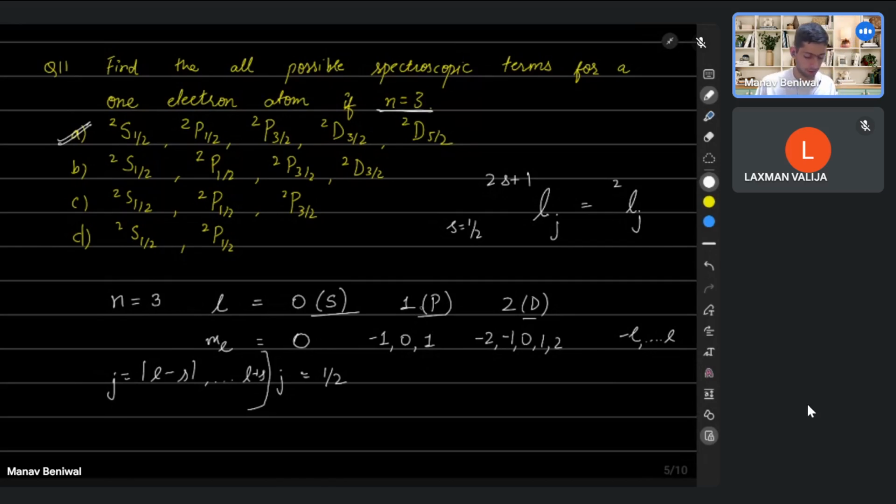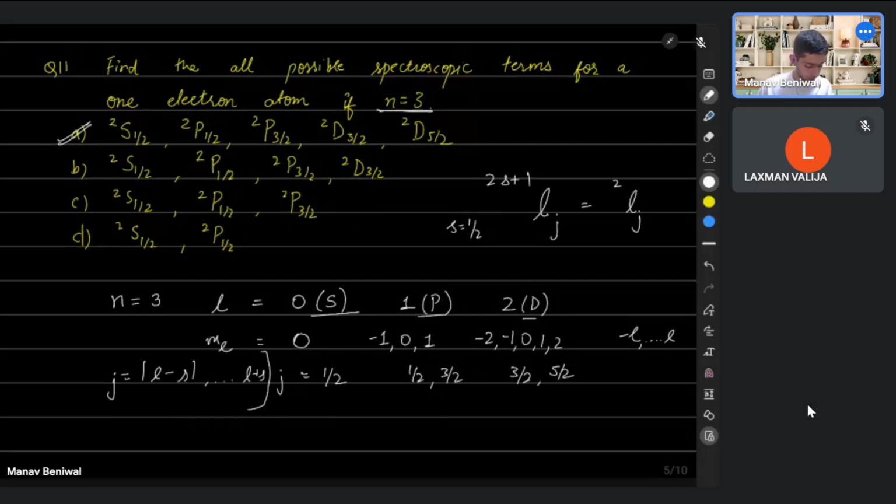Here L is 1, so it can have two values, 1 by 2 and 3 by 2. And here L is 2, so it can have two values, 3 by 2 and 5 by 2. So these all correspond to L plus S and L minus S.